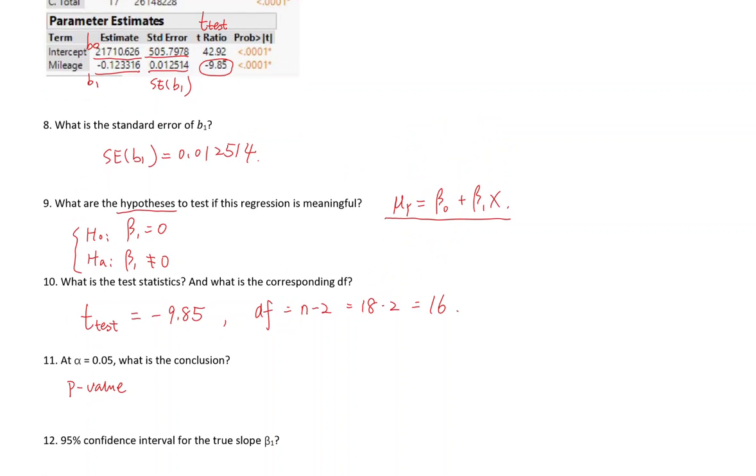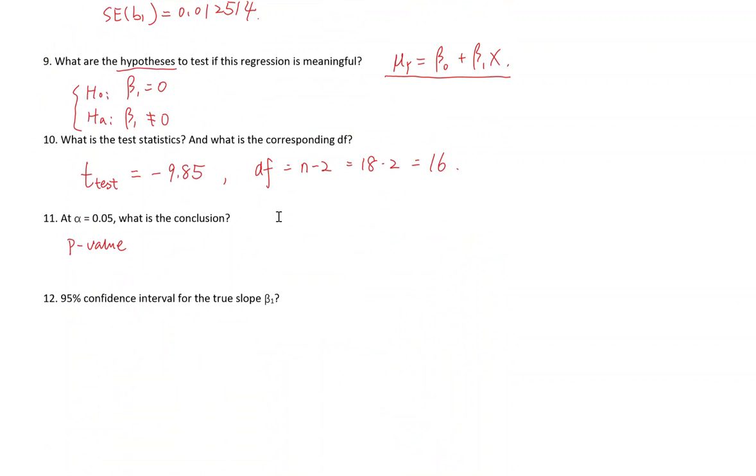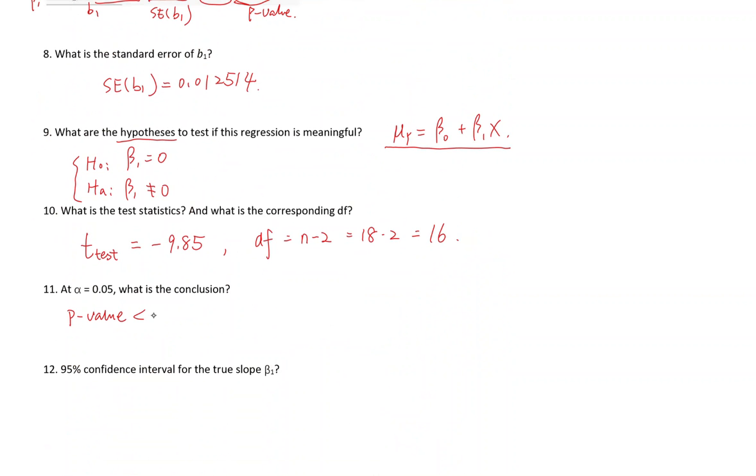How to find the p-value? This is the test statistic, and this is our p-value for testing about beta 1. This is about beta 0, this is about beta 1. So our p-value is very, very small. The p-value is less than 0.0001. It is very small, less than 0.05.